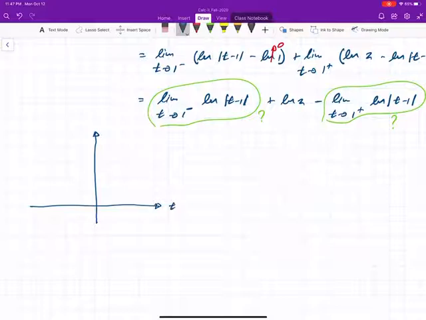This is the plot of ln t. So it goes like, I'm sorry, it's my bad. The ln t function should go like this. This is 1. And here also it has the same shape.